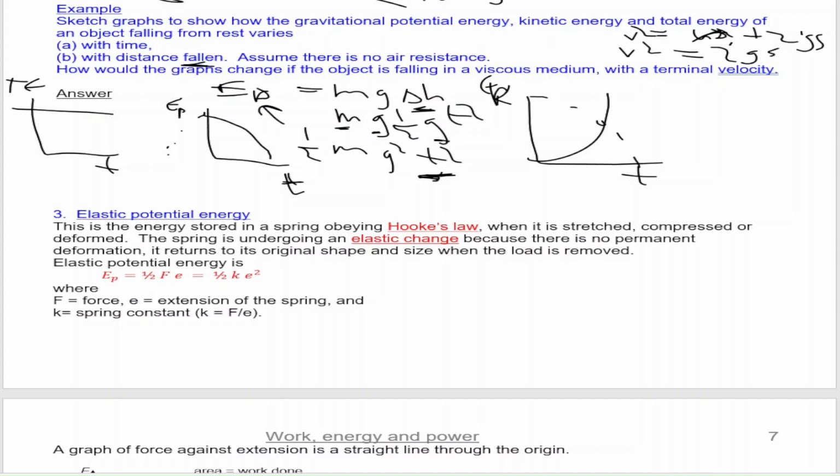Now 2g is a constant, so it means it's v squared versus s, so kinetic energy versus s. It's just going to be a straight line like this. So EK versus s is a straight line passing through the origin. Which means the corresponding EP graph is going to be falling down. So this is for EP, and that one is for EK. I hope it makes sense.